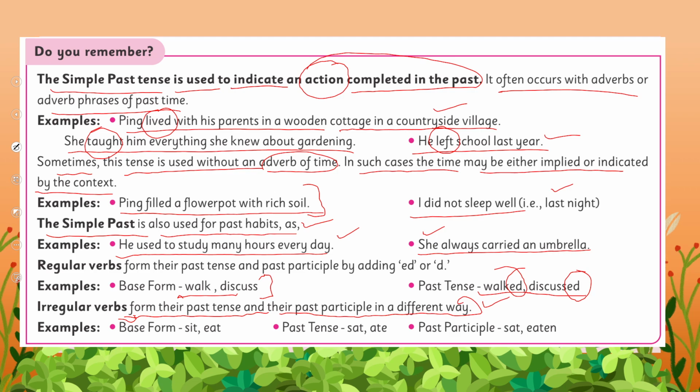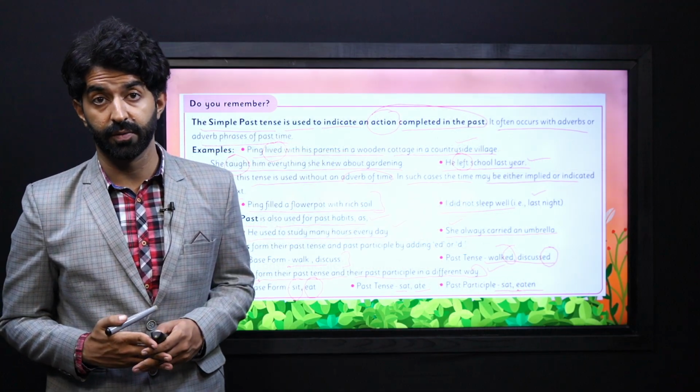For example, the word sit and eat, when they are used in the past tense, they will be sat and ate. Now, we did not use any ed or d at the end, rather the word is changed. So, such verbs are called irregular verbs.